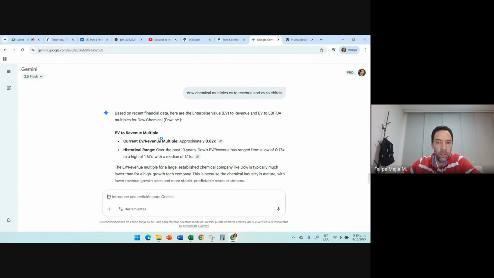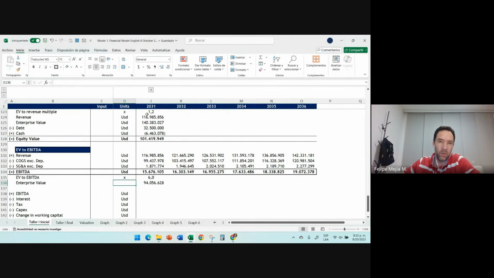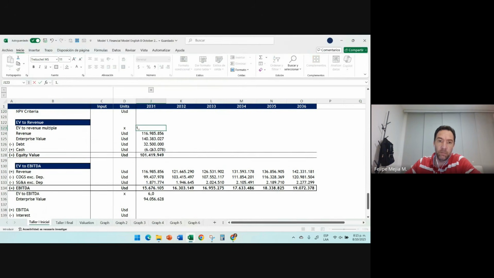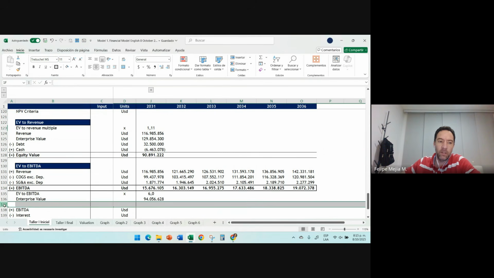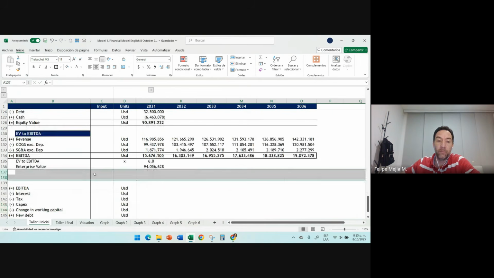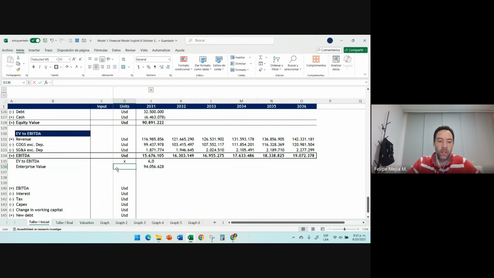What's the EV to revenue? 0.82. Yeah, from 0.75 to 1.70 with a median of 1.11. So this particular area of relative valuation or multiples is highly dependent on your experience as a valuator.